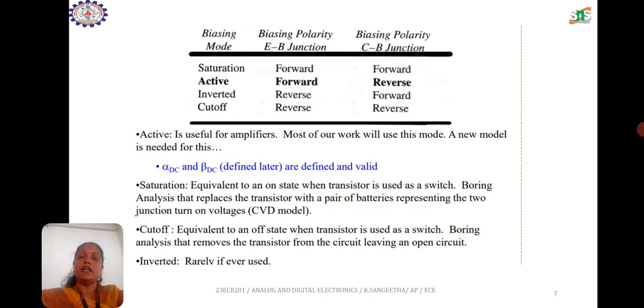These are the types of biasing mode. Now the biasing polarity of the EB junction and CB junction. In active mode, the EB junction is forward biased and the CB junction is reverse biased. For saturation mode, the EB junction is forward biased and the CB junction is forward biased, that is, both the junctions are forward biased. In cutoff mode, both the EB and CB junctions are reverse biased.